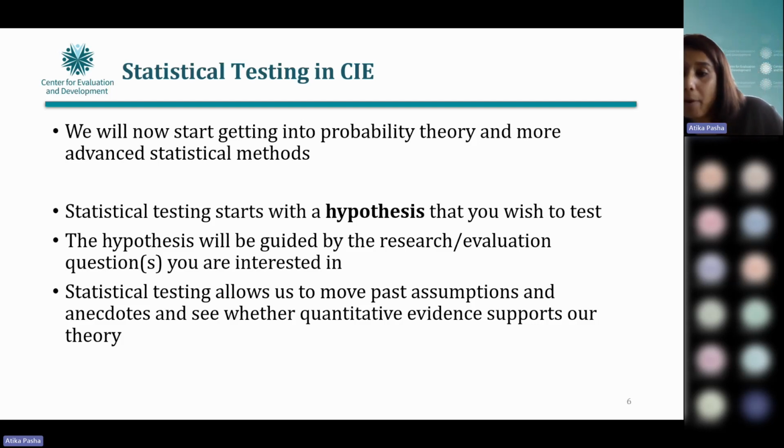And generally, your hypothesis is simply testing exactly your research question, or is derived from your research question. And therefore, the statistical testing would allow us to move past our assumptions and anecdotes to see whether our quantitative evidence is actually supporting our hypothesis, or is able to answer our evaluation question.